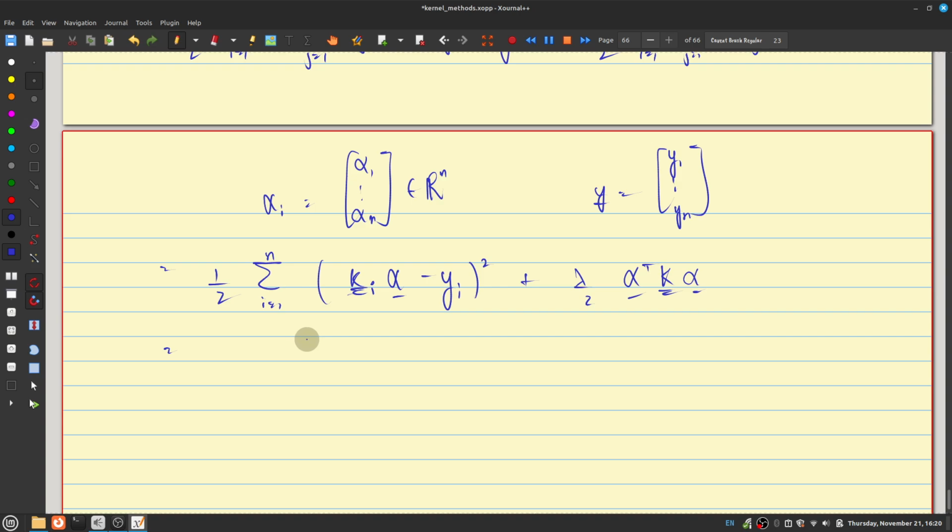Correct. So it's K alpha minus y, 2 norm squared. So it is just half of the 2 norm squared of K alpha minus y, plus lambda by 2 times alpha transpose K alpha.